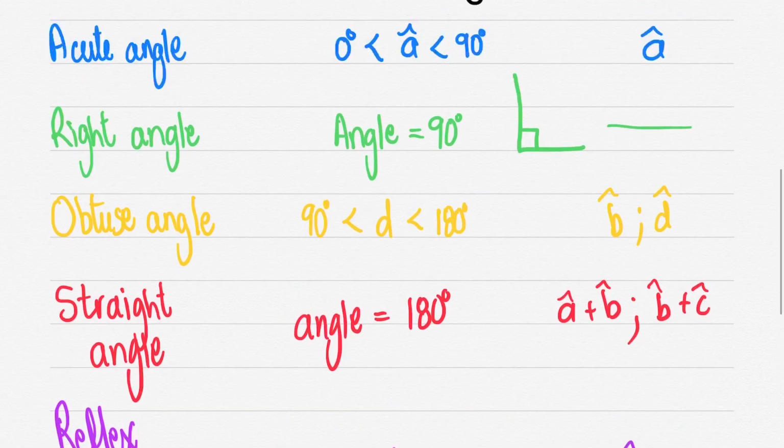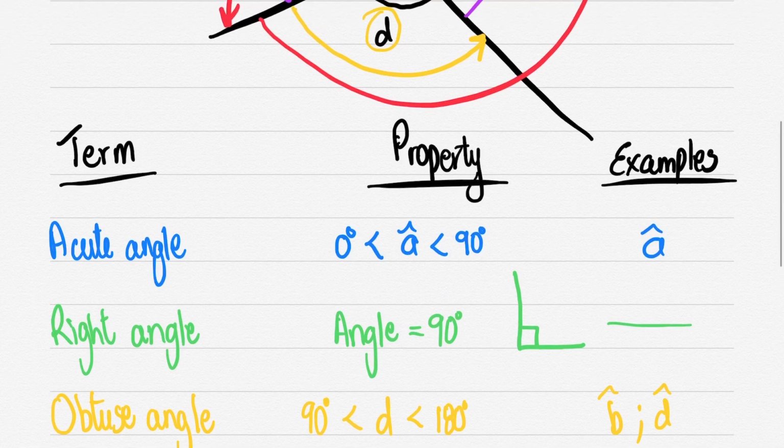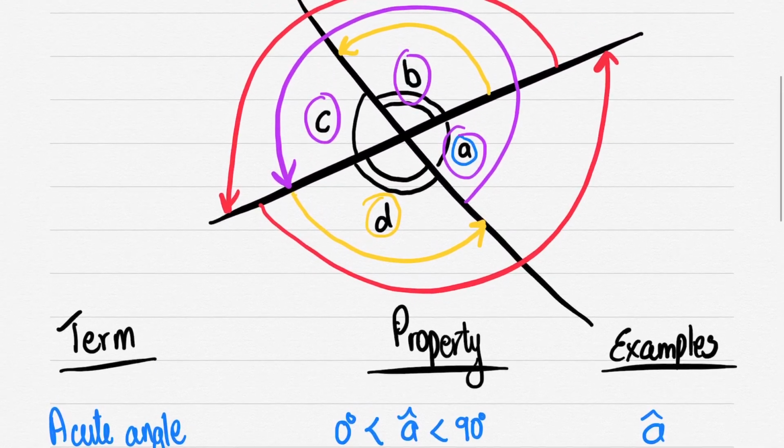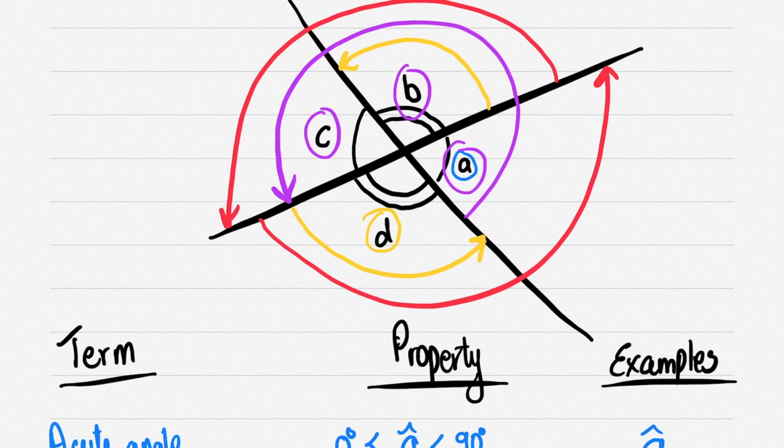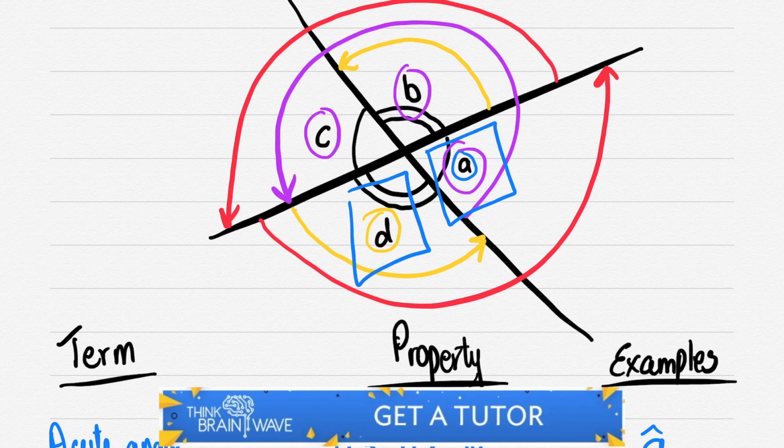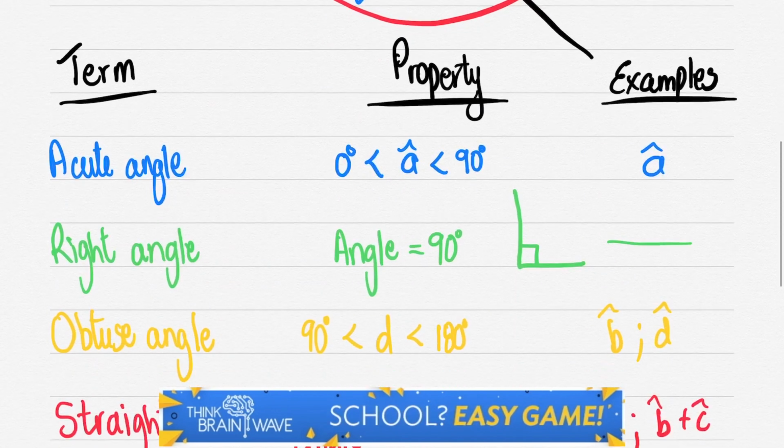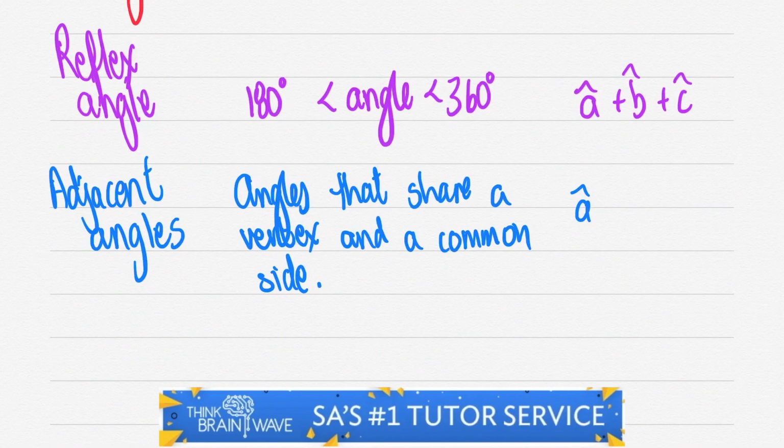We're talking about angles like A. You see how A and B share a common side and a vertex. There we go, that's represented there. Same for A and D, they share a common side. This makes them adjacent angles.